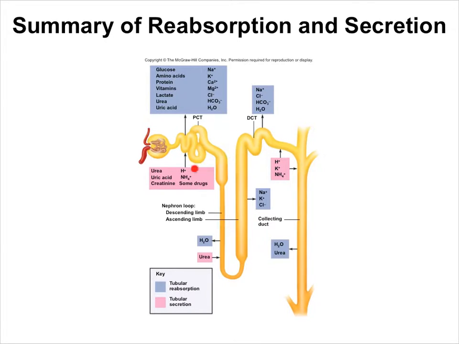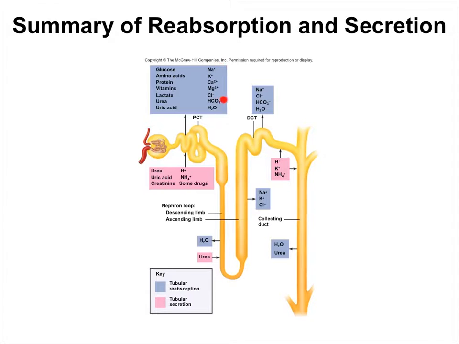In the proximal convoluted tubules, you're going to be reabsorbing all of your various nutrients: glucose, amino acids, proteins, which shouldn't be there, vitamins, lactate, some urea and uric acid. It'll naturally follow the flow of water through the paracellular route.